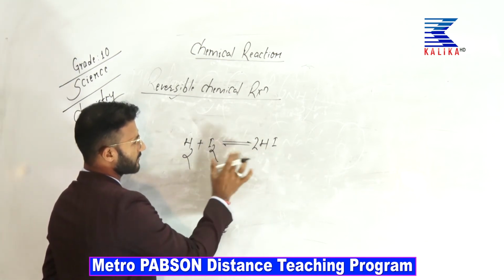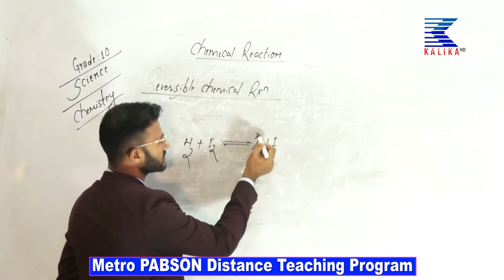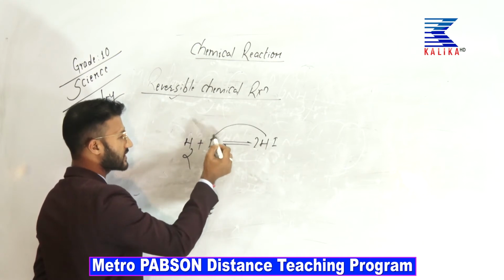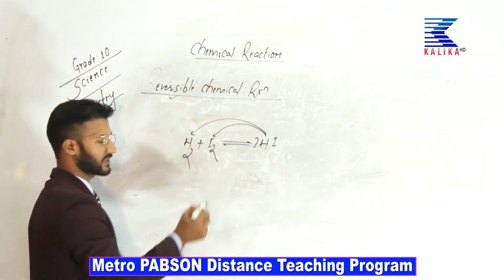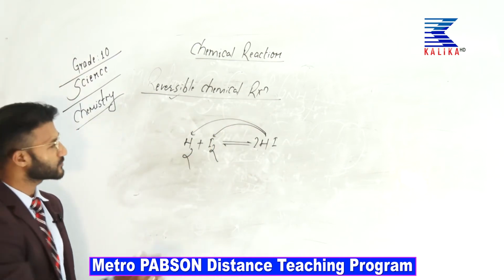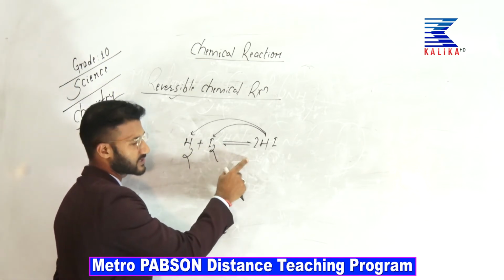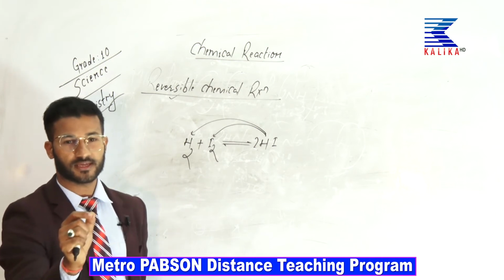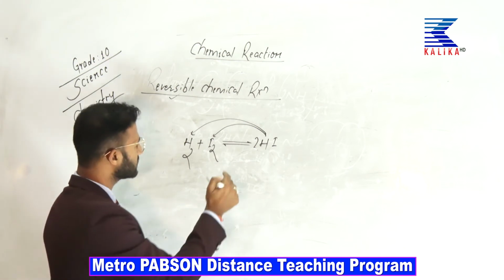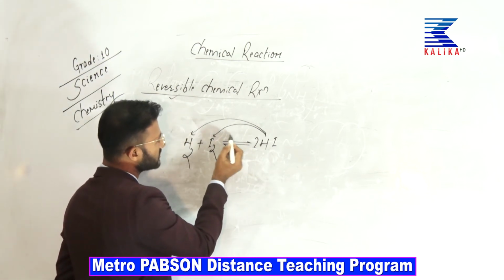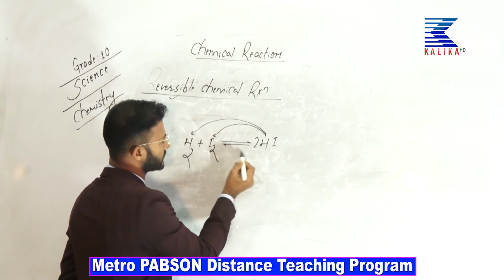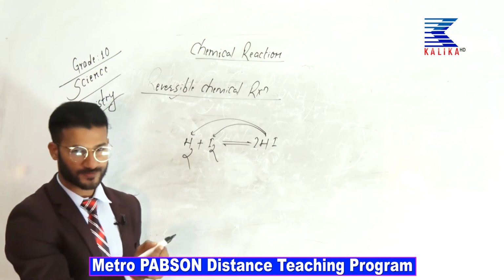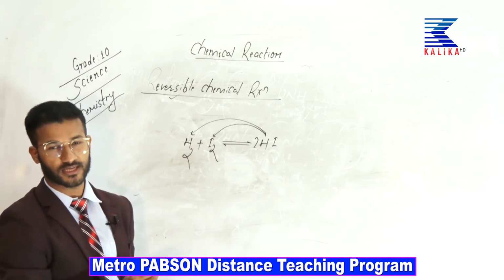In this chemical reaction, this hydrogen iodide may break down back into the reactant molecules again. That is why this chemical reaction is a reversible chemical reaction. And let me make you understand how the arrow is used here. Actually, this is a double way arrow. This double way arrow lets you know this is reversible in nature.